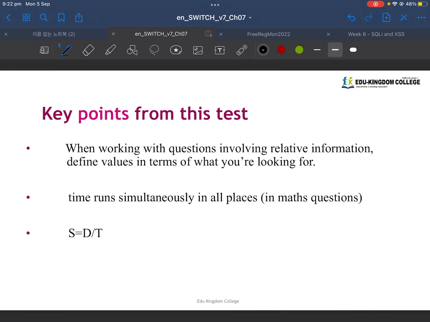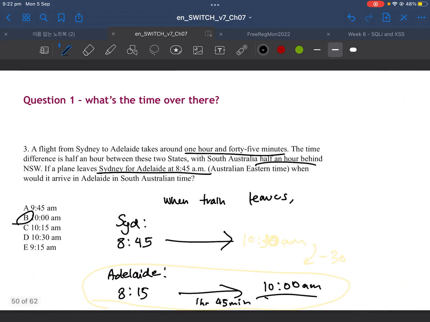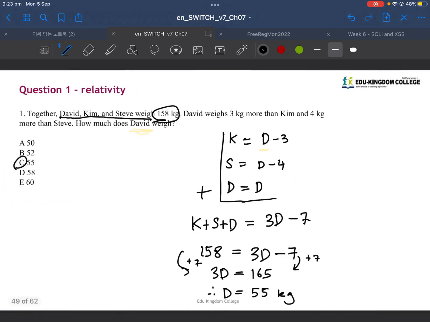Now, let's move on to the key points from this test. Point number 1. When working with questions involving relative information, define values in terms of what you're looking for. What do I mean by that? I draw this from the very first question we did, David, Kim, and Steve. If we have information that is relative to one another, that is, David weighs 3 kilograms more than Kim, as in we don't know the actual number of David's weight or Kim's weight or Steve's weight, it's all relative to each other, then we find our pronumerals in terms of what we're trying to look for.